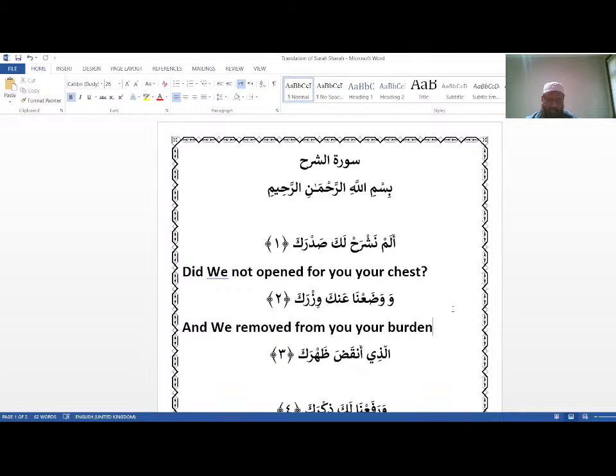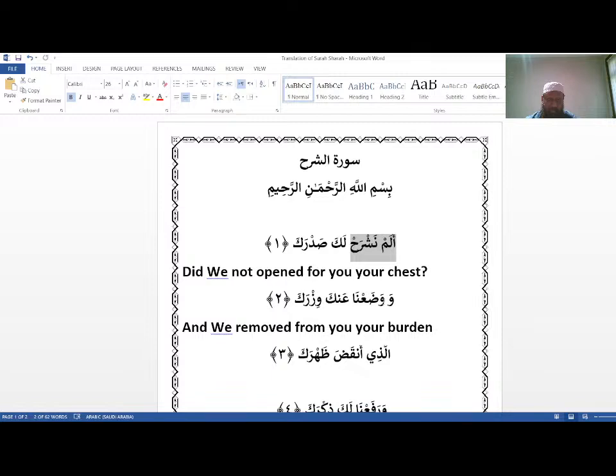But if we look carefully, grammatically, this waw is atf. First waw, atf on what? The sentence before. The sentence before was a question, and it gave us the meaning of Madi.